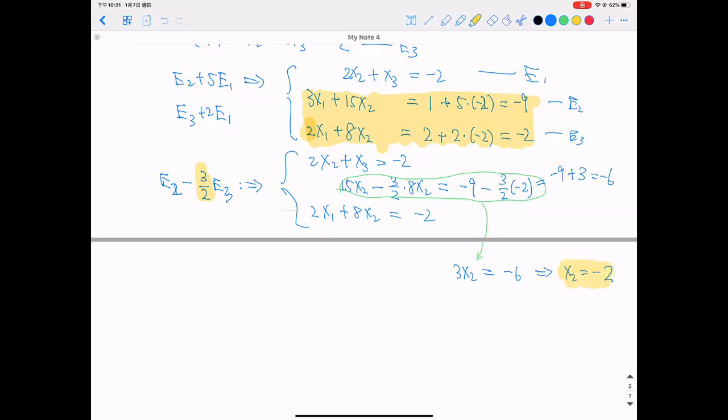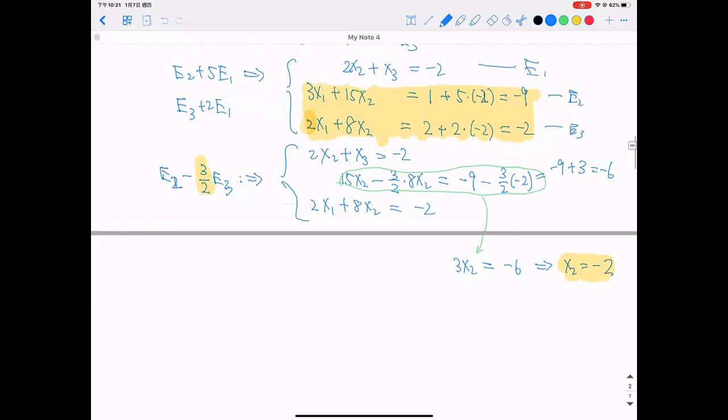All right. Now, once we have x2, we could go back and use these other equations to get the values of x1 and x3. So let's say E1 minus 2E2, right? This is the new E2 now. x2 equals minus 2 is the new E2.